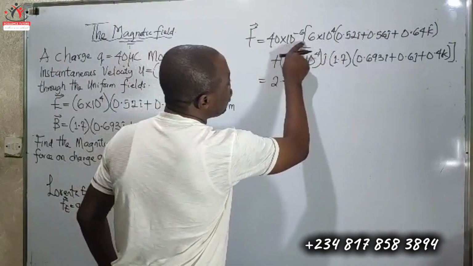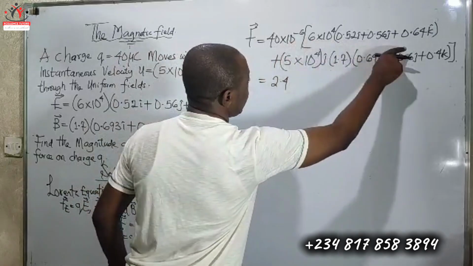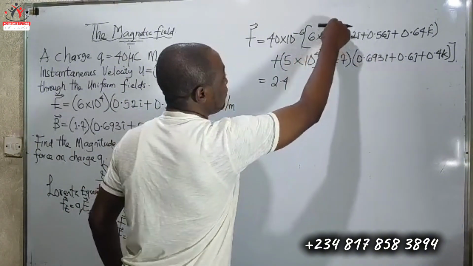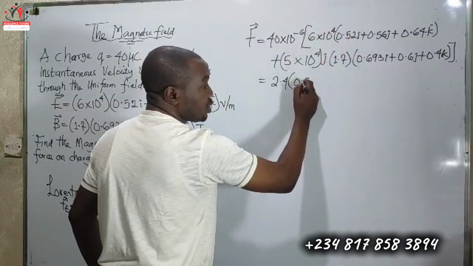That is, when we distribute 40 times 10 raised to the negative 6 and multiply by 6 multiplied by 10 raised to the 4th, it will be 2.4.